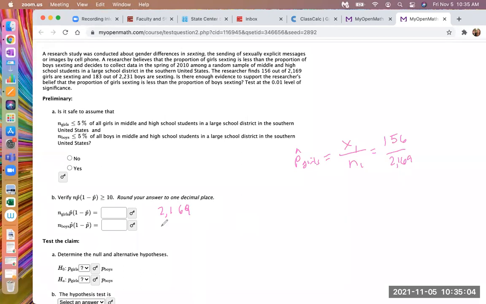Usually calculators never want a comma in, just for our sake. Okay, so we can put that in. We're going to multiply 2,169 times 156 over 2,169, times 1 minus 156 over 2,169. And we have to put all that into our calculator.